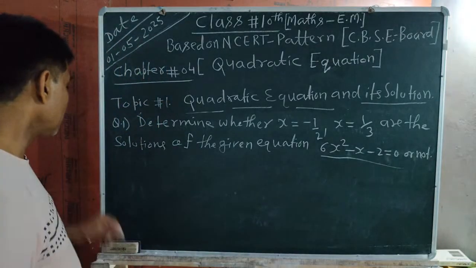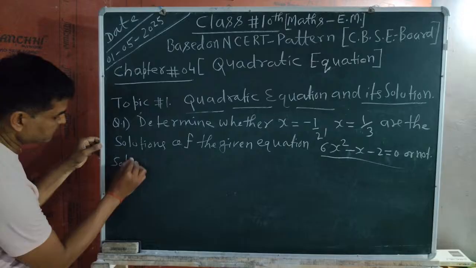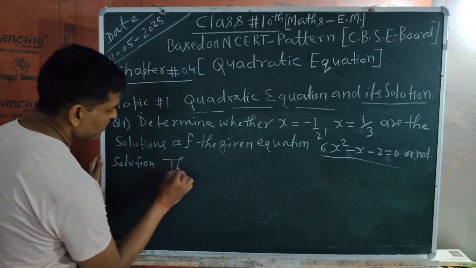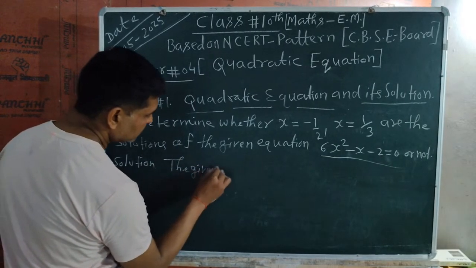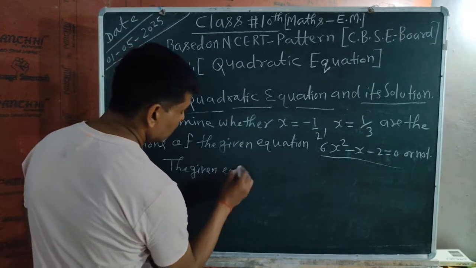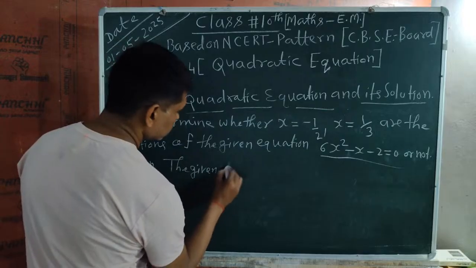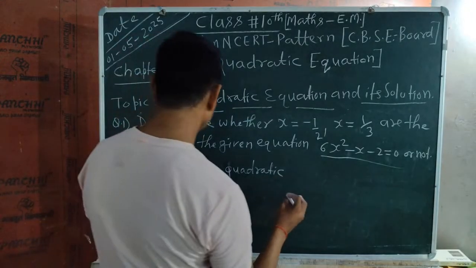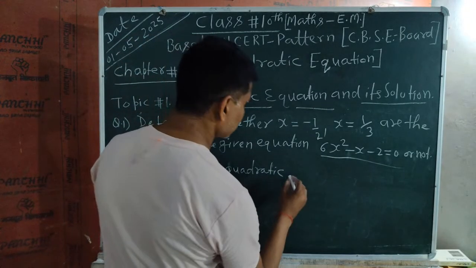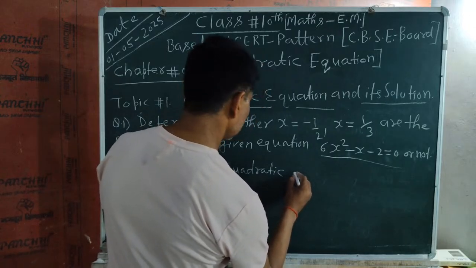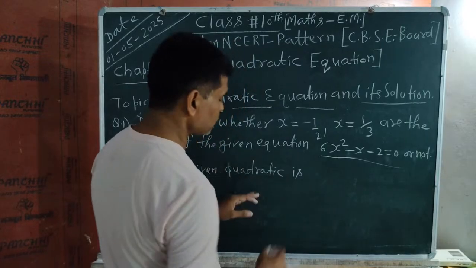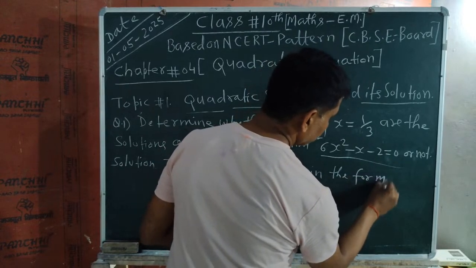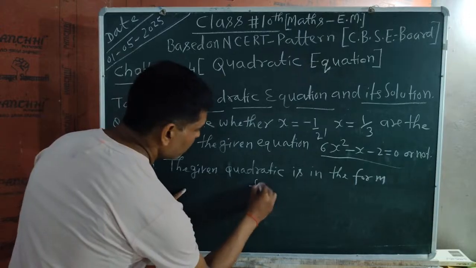Okay, student. So first of all, I have to write here the solution, and then I will say the given quadratic equation is in the form f of x is equal to 0.